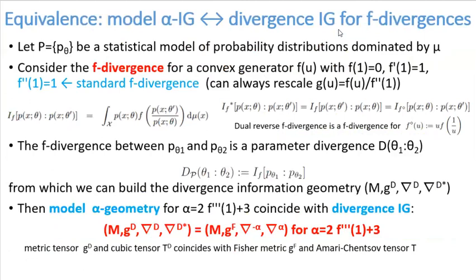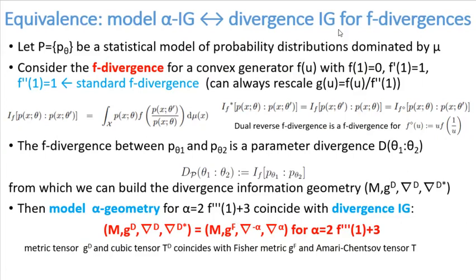Yeah. So this is why I think my last slide of this tutorial will be as a tool for duality. And what I want to say is that now there's a connection between model alpha information geometry and divergence information geometry. And this connection is done by the f-divergence. Okay. So what is an f-divergence? It generalizes the Kullback-Leibler divergence.